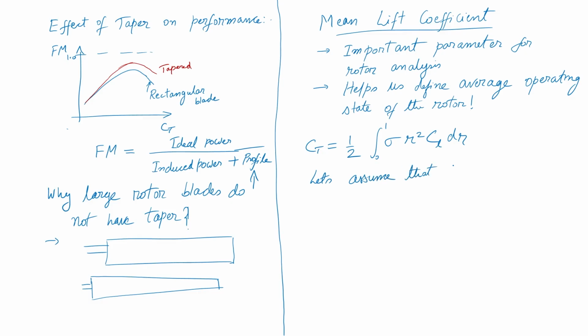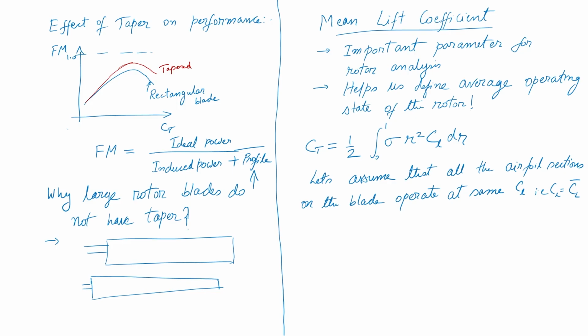So let us assume that all the airfoil sections on the blade operate at the same CL, that is, some CL equals CL bar.